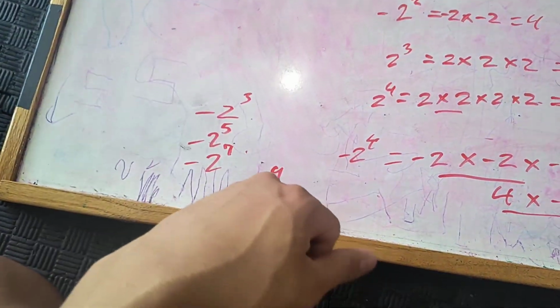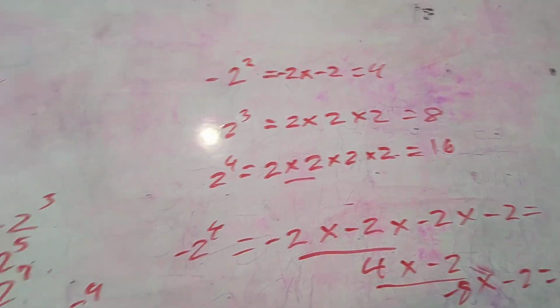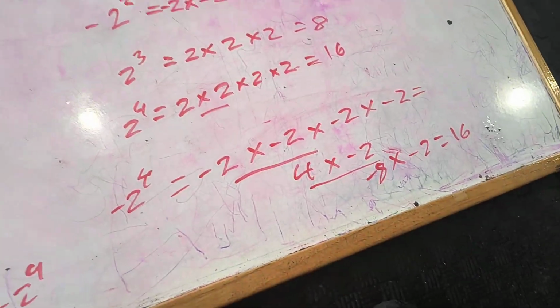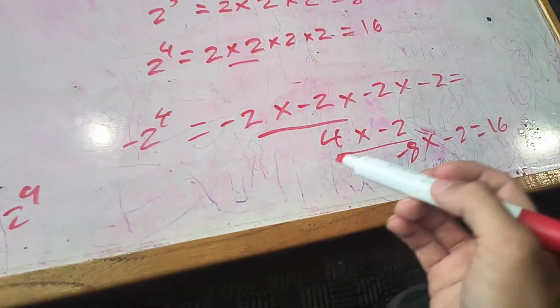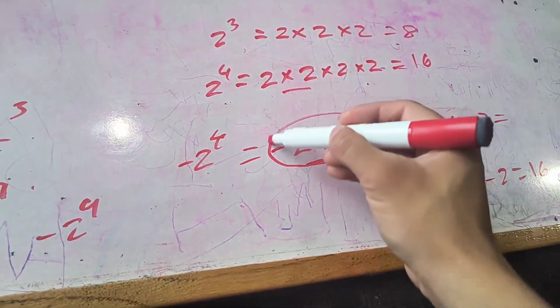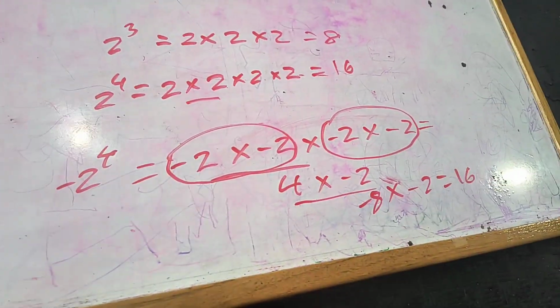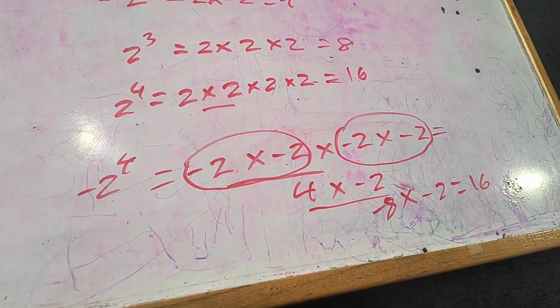you will get a negative number. And the reason is that with these even numbers, you will always have pairs. You'll be able to split them up into negative pairs, where a negative times a negative is equal to a positive.